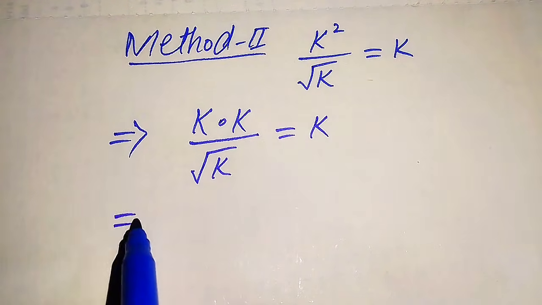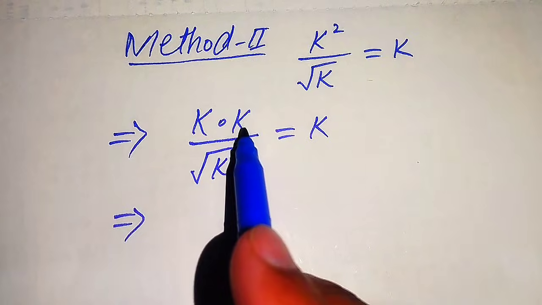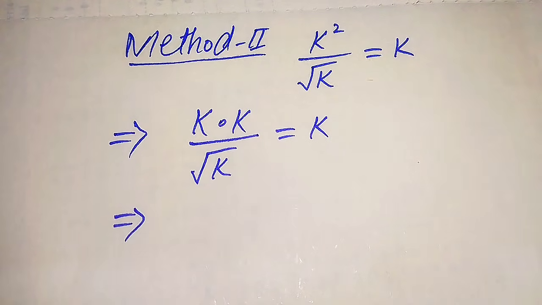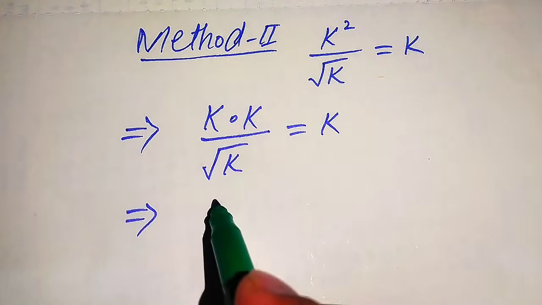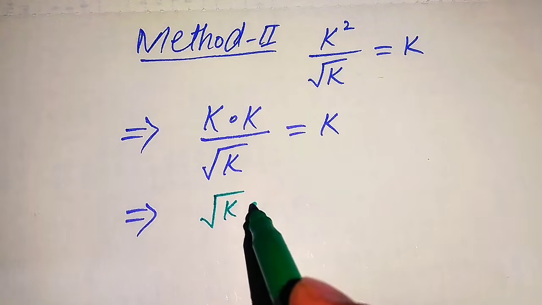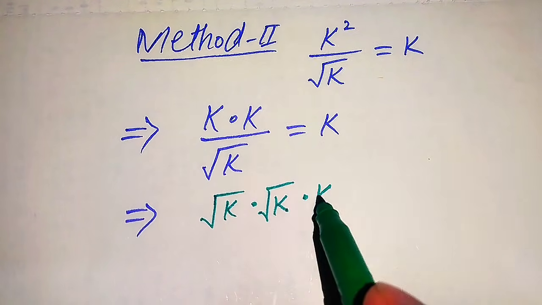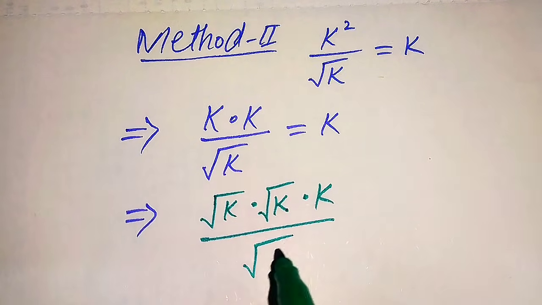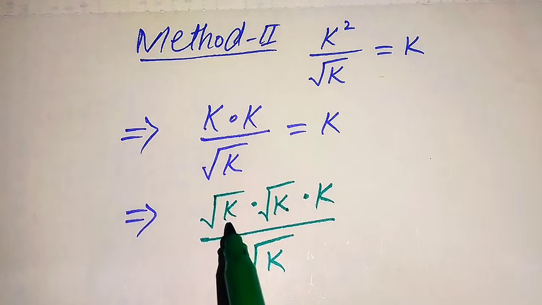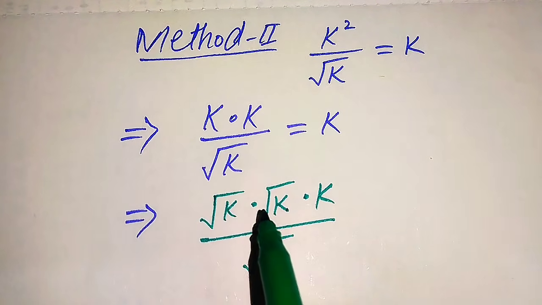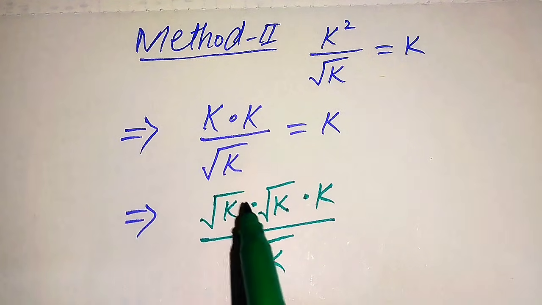And in the next step, we again rewrite this equation: this is our k, and we write k as square root of k multiplied by square root of k, divided by square root of k. You know that when square root of k is multiplied by square root of k, the square roots cancel each other and we get only k.